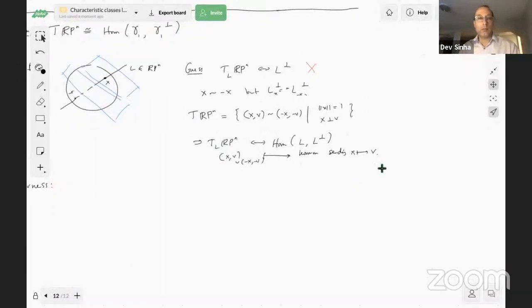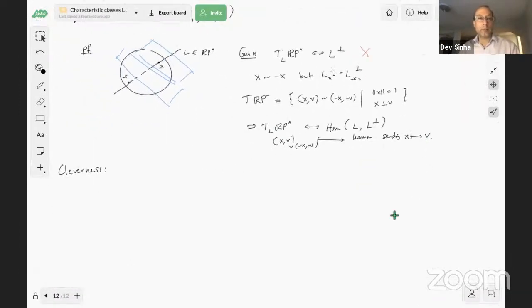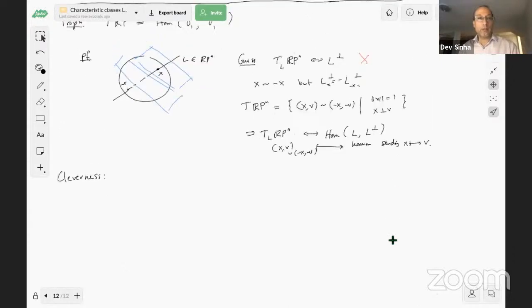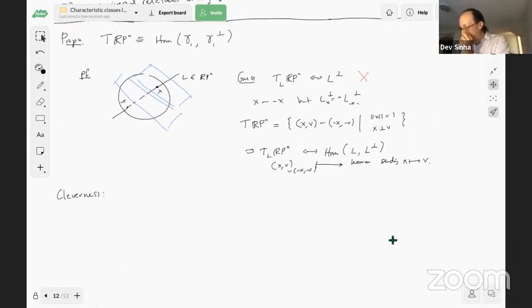The cleverness is that we can start with this, and if I just add a trivial bundle, and notice that this is now rank n plus 1, I get n plus 1 copies of the tautological bundle. Which is kind of odd if you think about it.